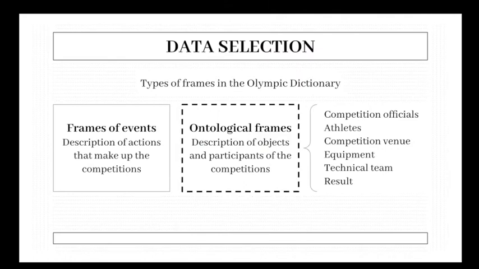Considering the dictionary presents two types of frames, frames of events and ontological frames, for this study we chose to analyze the ontological frames. While frames of events tend to be more specific since they refer to the actions performed during the competitions, ontological frames can be characterized as transversal frames, since they describe aspects that are present in many, if not all, sports.